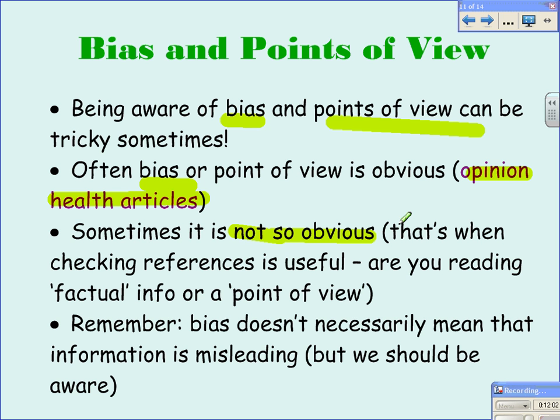And that means that there's a higher chance that that article is an opinion article or it's biased. Again, remember that bias doesn't necessarily mean that the information is misleading, but there is a higher chance that it is. And so if we see that an article is written by somebody who does not have any credentials or affiliations, we should compare the information with another source.